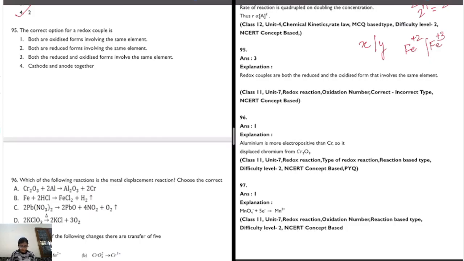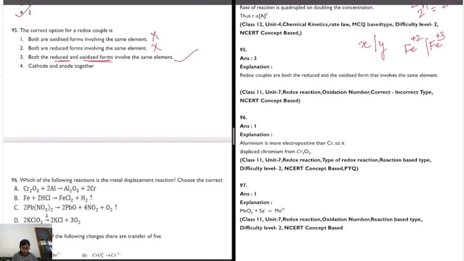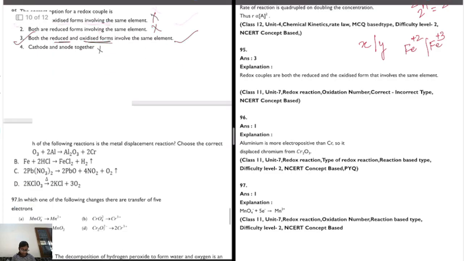Okay, so let's see. Both are oxidized forms involving the same element? No. Both are reduced forms? No. One is oxidized. Both the reduced and oxidized form involve the same element? Yes. Cathode and anode together? No. So this is our correct answer.